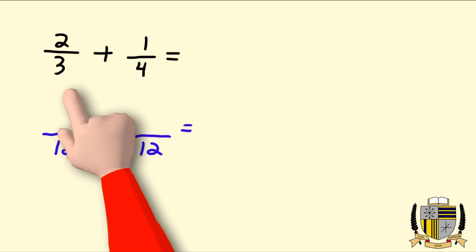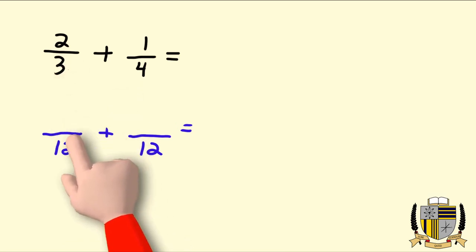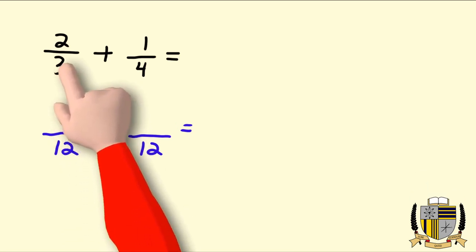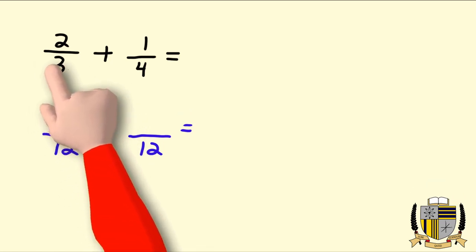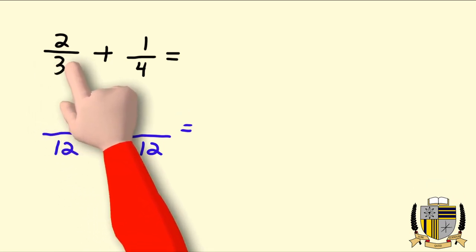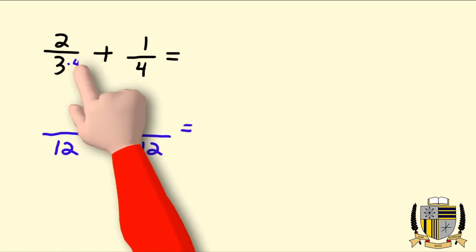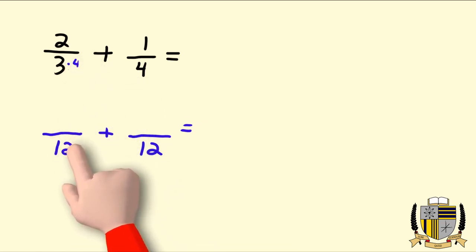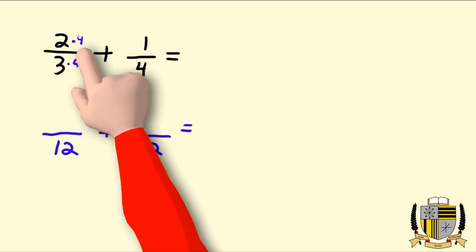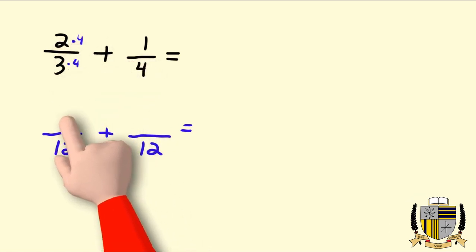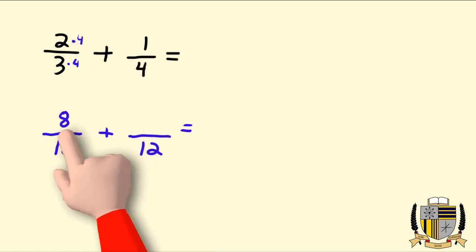And then I say to myself, okay, how did I go from 3 to 12? Well, I had to multiply 3 times 4 to get this 12. And because I multiplied this by 4, I have to multiply this by 4. That's just the rule. So it's going to be 2 times 4, which is 8.